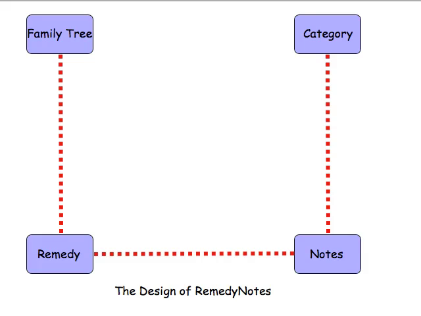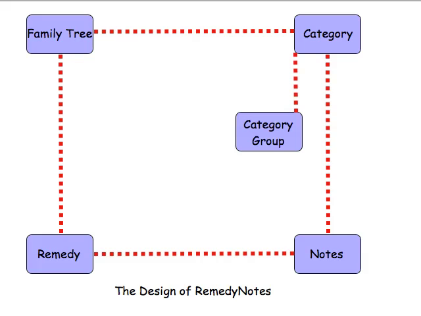So a family tree is a way of linking up categories in quite a formal hierarchy, and that then allows us to link through from a particular category, let's say row 3, through to all the remedies that are part of row 3 or that have some association with row 3.